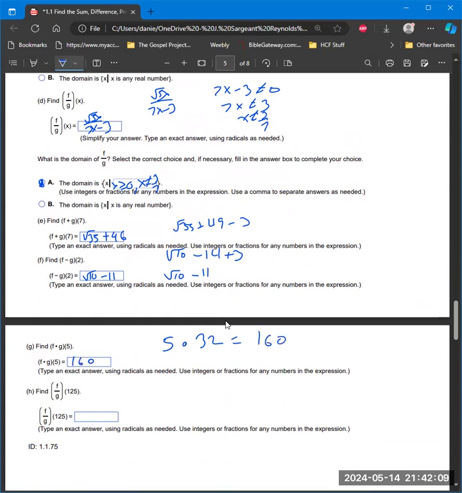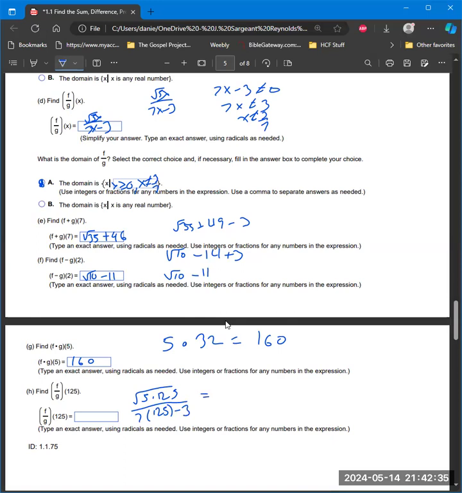And f of 125 divided by g of 125. So 5 times 125 over 7 times 125 minus 3.